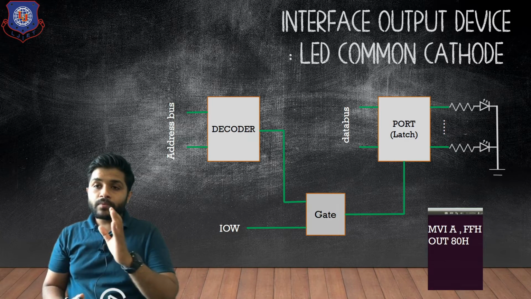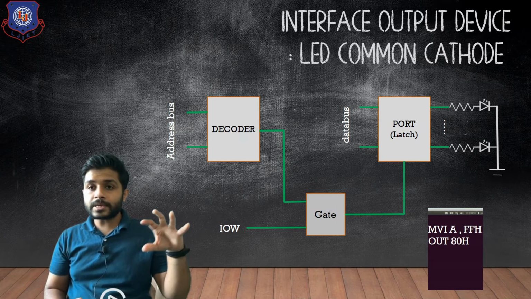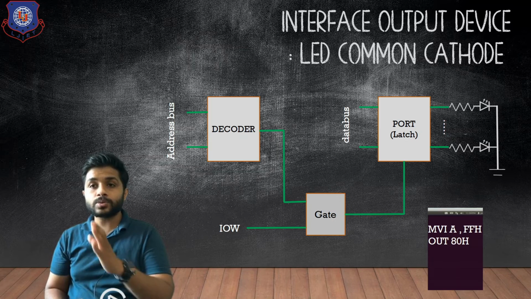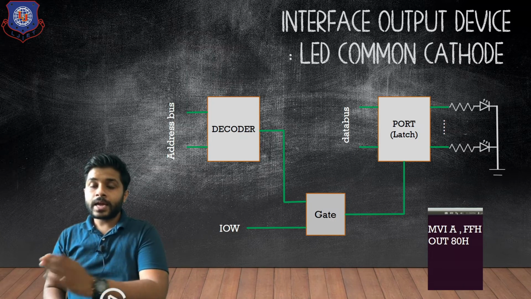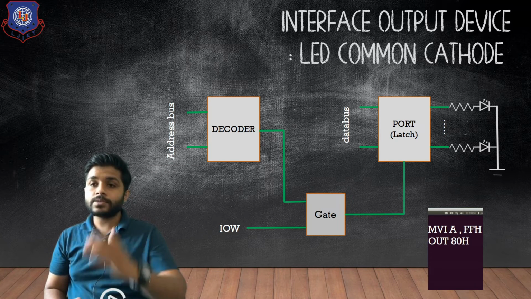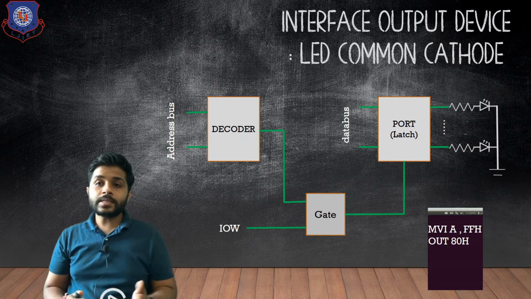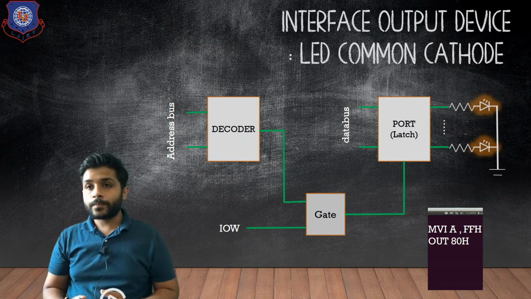So when the OUT A0H instruction is executed, the data from the accumulator will be transferred using the data bus to the port and that data will be passed to the LEDs. Because we are sending FFH, all the LEDs will glow. So you can see that when the program is executed, all the LEDs will glow.